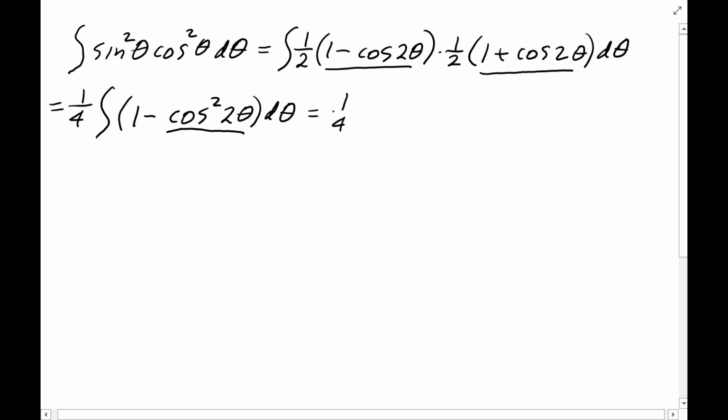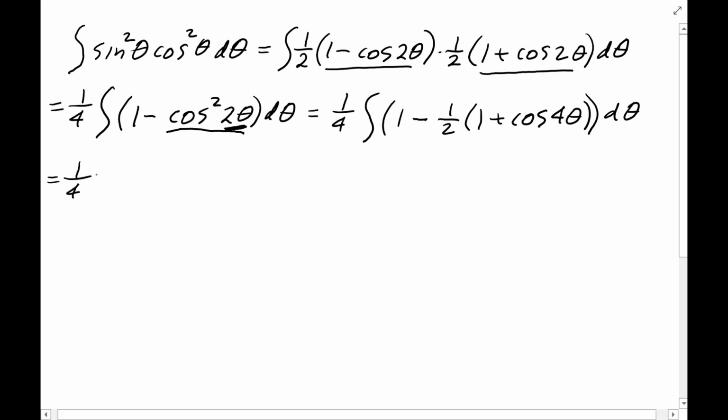So we're going to have to use that reduction formula for cosine squared, which makes that cosine squared of 2 theta into 1/2 times 1 plus the cosine of 4 theta. Remember, we talked about this just a few minutes ago. This angle of 2 theta right there is going to double into a 4 theta. And then we're just going to simplify.